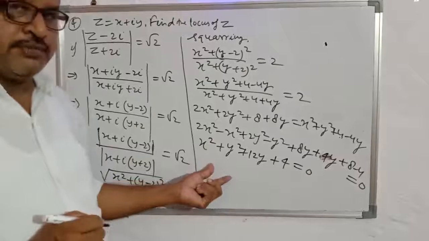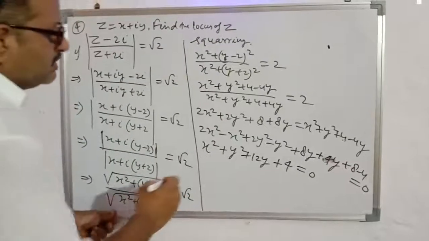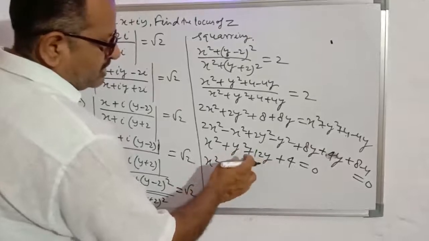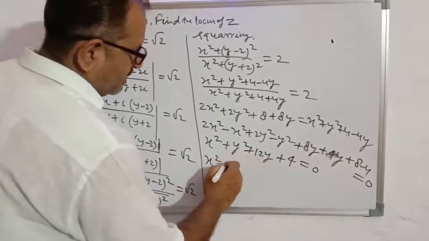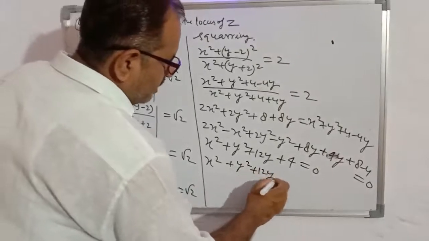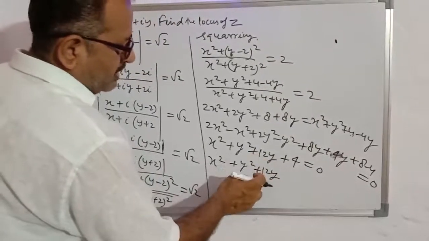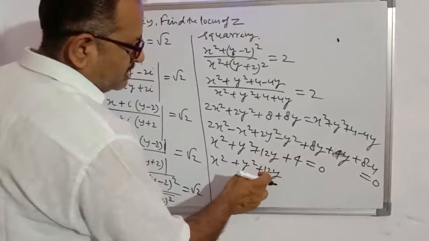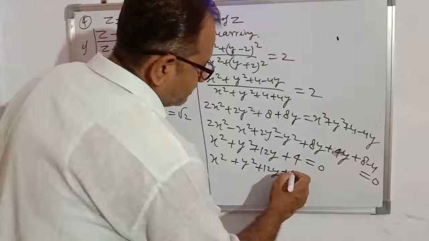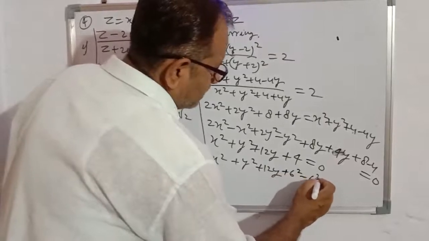So what does it represent? Here x square is there, y square, and y terms are there. So we can make it a perfect square. Y square plus 12y. Coefficient of y is 12, so take half of this. It will be 6. We will add 6 square and subtract 6 square.